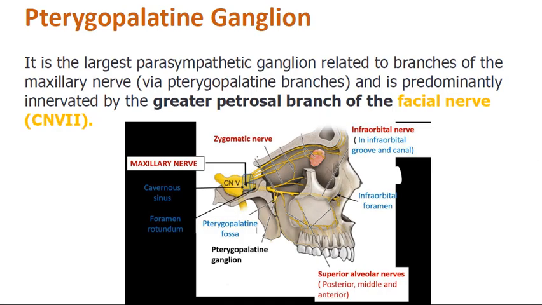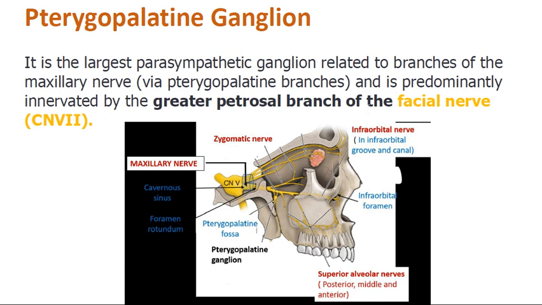The other contents of the fossa, we have what is called the pterygopalatine ganglia, which is the largest parasympathetic ganglia, related to the branches of the maxillary nerve, although the main supply by preganglionic fibers comes from the facial nerve through the greater petrosal branch, which carries the preganglionic parasympathetic fibers from the salivatory nucleus to reach the ganglia.